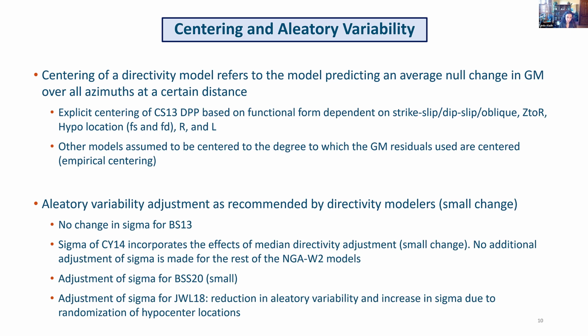For Bayless and Somerville 2013, there was no significant change. The CY14 model does incorporate this effect in the aleatory variability, but no additional adjustment was applied to the rest of the models. For BSS20 we implemented the change that they had, which is relatively small, as well as the Watson-Lamprey 2018 model, which incorporates a reduction in the aleatory variability and an increase in sigma due to randomizing the hypocenter.